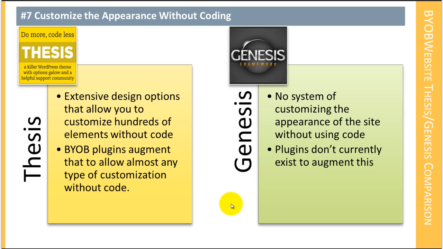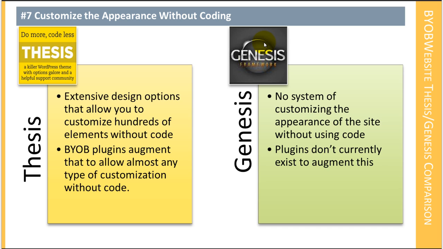Okay, the 7th area of comparison is customizing the appearance without code. Now, Genesis has no system of customizing the appearance of the site without using code. That is, the only way to customize what Genesis looks like is by using either a pre-designed child theme or using your own child theme.